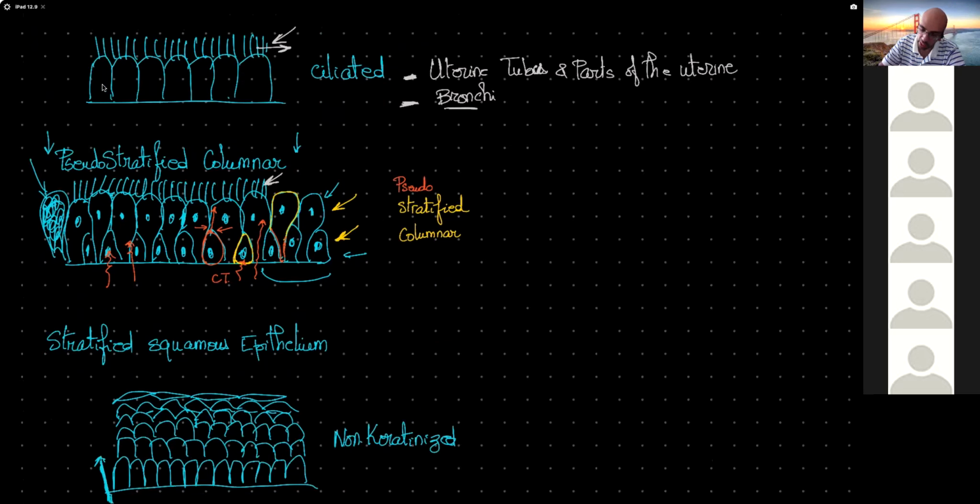So I need more cilia, more cilia, more cilia. So I need more cells. And if I need more cells, the cells are going to be crowded. So they will look as if they are stratified, as if they are many cell layers, but actually they are not. So the cells become so crowded, I need more cilia to push the thick mucus up in my airways.